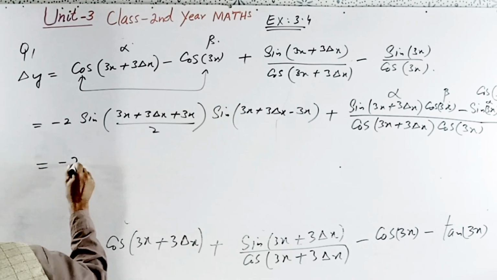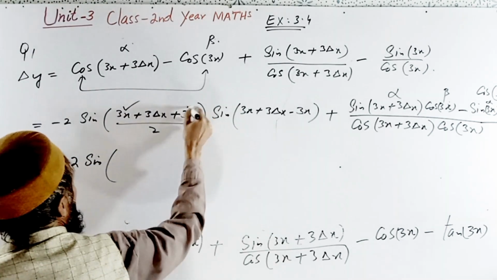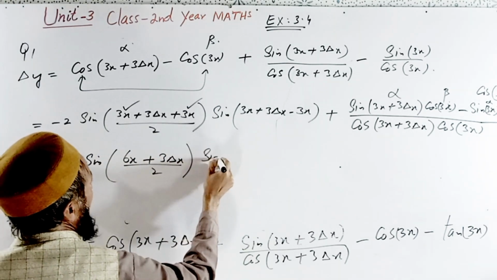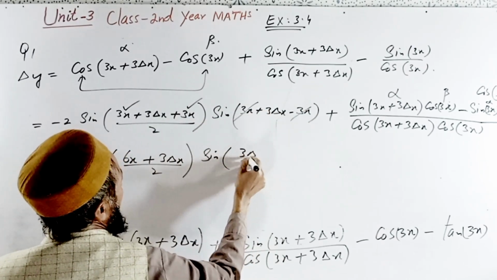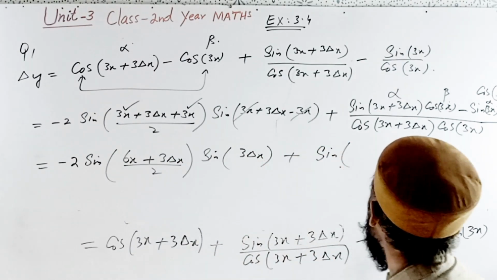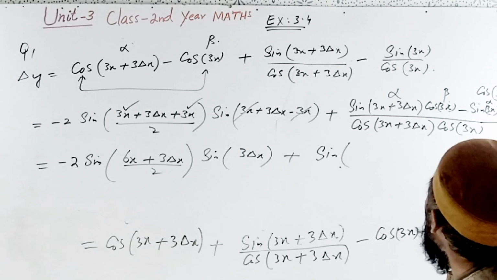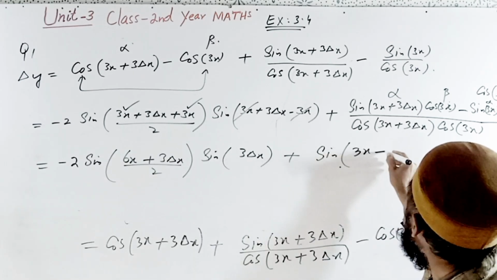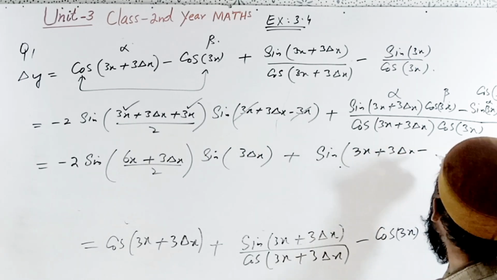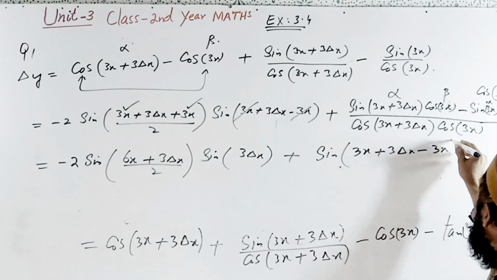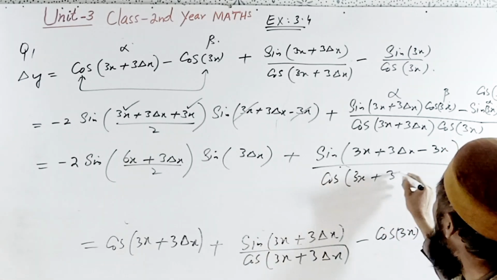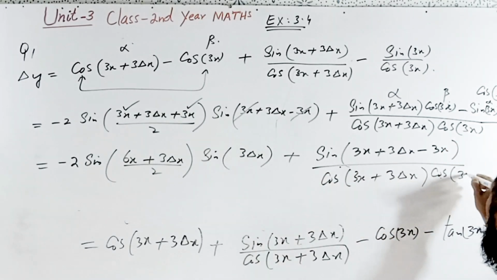So minus 2 sine, we add 3x plus 3x to get 6x plus 3 delta x, divided by 2, and sine of 3x minus 3x, so the 3x cancels, leaving 3 delta x, and plus sine of alpha minus beta, that is 3x plus 3 delta x minus 3x, divided by cos of 3x plus 3 delta x and cos of 3x.